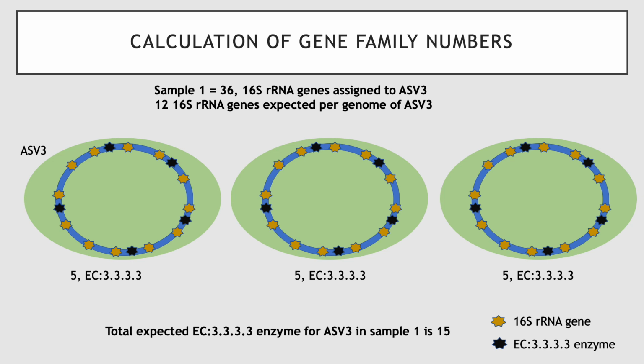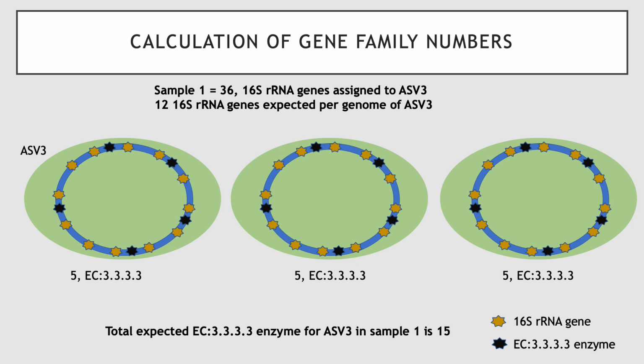So basically, when we're looking at our OTU table and we're looking at sample 1, there are 36 sequences associated with ASV3. Okay? And through PICRUSt, we've predicted that there should be 12 16S rRNA genes per genome of ASV3.